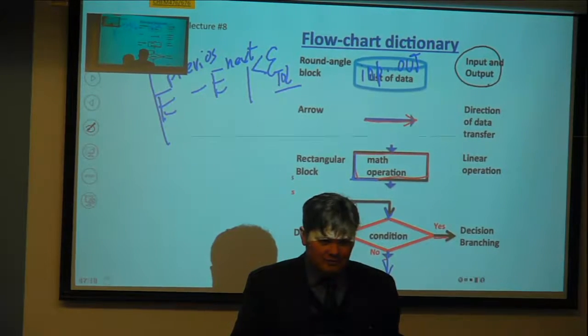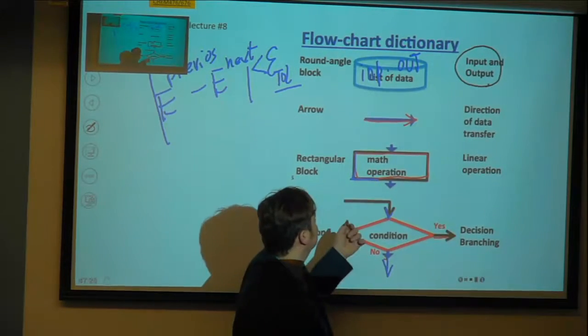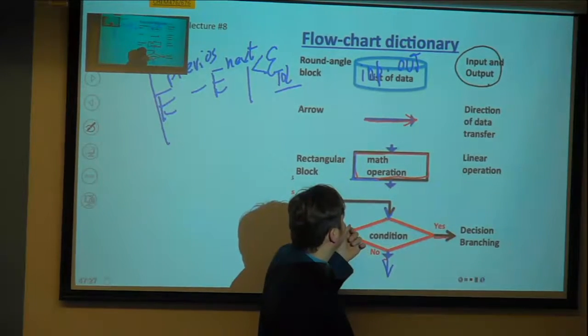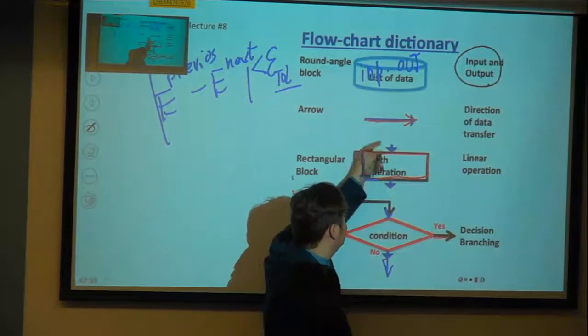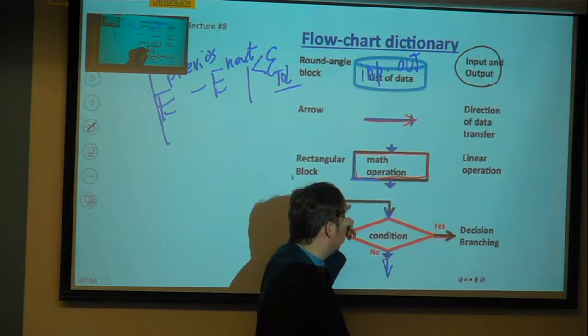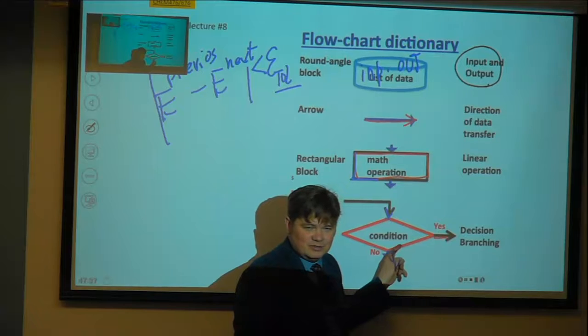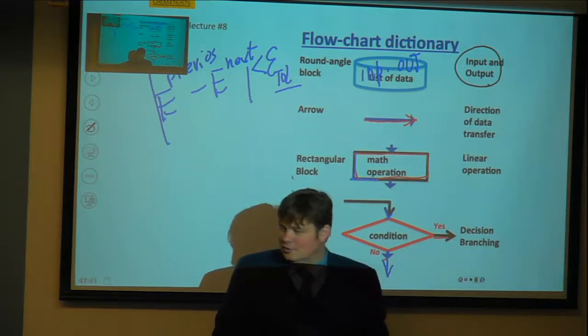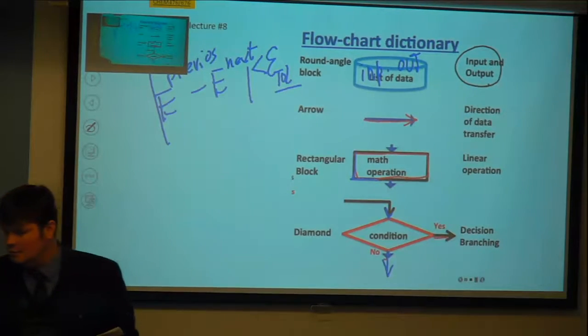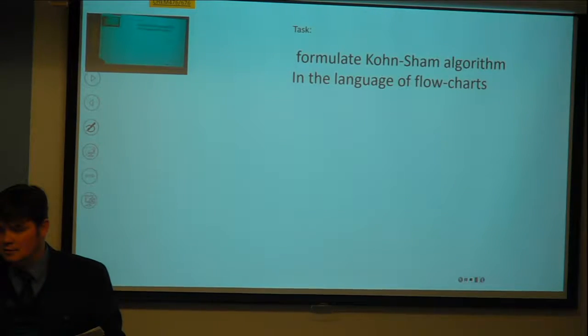Right? So instead of, because same operation can be expressed on different syntaxes in different programming languages, one often uses for input and output, it makes something like round or oval, or direction data transfer arrow, for mathematical operation rectangular, and for forking, branching, conditions, you just do triangle, right? So there is a task. Formulate a Kohn-Sham algorithm as a flowchart.